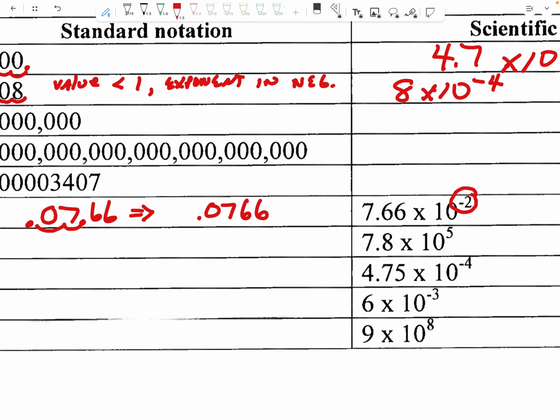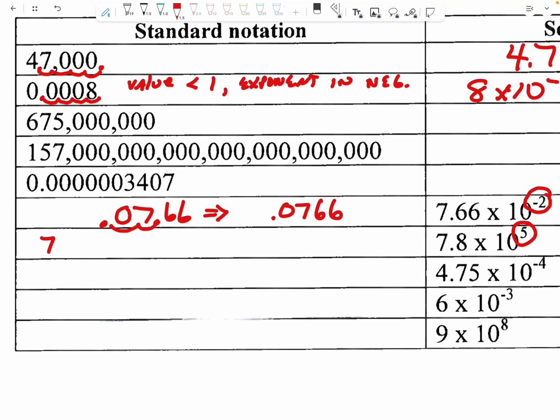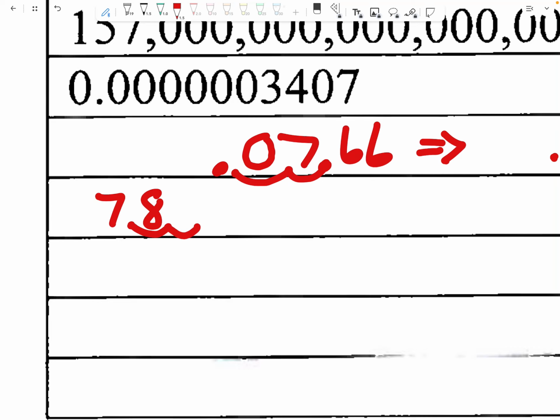Here we have 7.8 times 10 to the 5th. The exponent is a positive 5. That means we're going to be counting our decimal 5 spaces to the right. So let's put down 7.8 over here for a second, and count 5 spaces to the right from our decimal. 1, 2, 3, 4, 5.